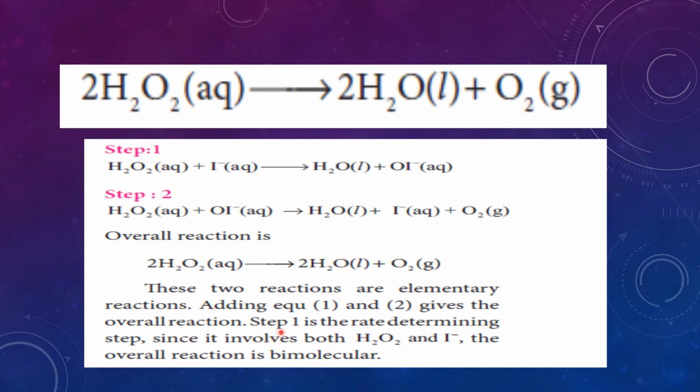I am mentioning here that step 1 is the rate determining step. Wherever you take a reaction, the slow step is helpful to find the rate determining step. While walking along a highway from one end to another, in 10 minutes you can cover half a kilometer, but on a bike, from the same point to the same point, you can reach it within 3 minutes.